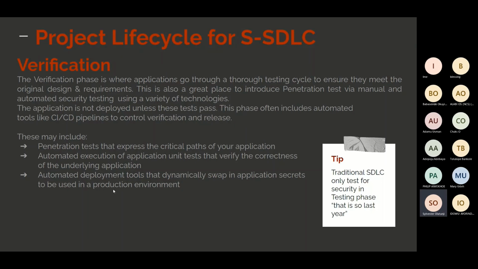So this verification testing includes penetration tests and automated execution of application units that verify the correctness of the underlying application, which is a functional test. These automated tools don't really know the business logic or the functional logic behind your application.